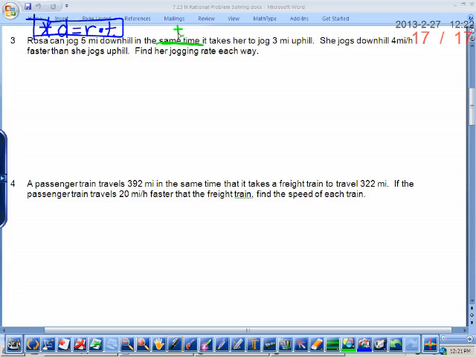No, we know the two distances, so that can't be a variable. One of the rates. I can't do both rates, but I can pick one, because don't you agree that the two rates are related? Yeah. So let's let R equal, we either need R to be the rate uphill or the rate downhill. It doesn't really matter, you just have to pick one and know which one you're picking. So let's go ahead and let X be the rate uphill.